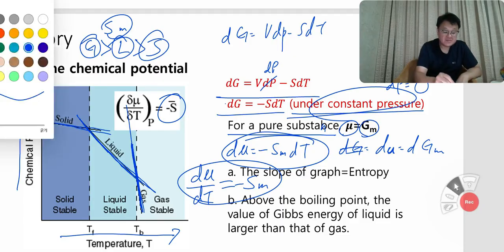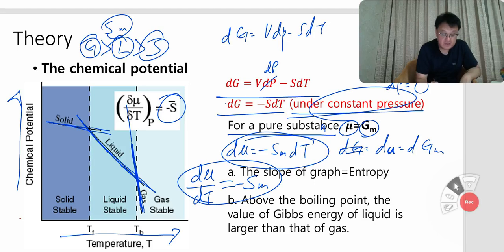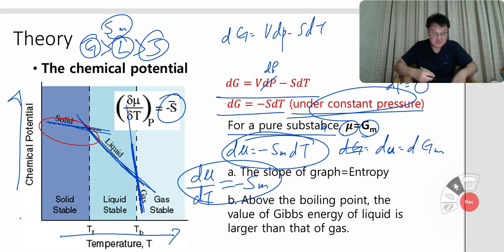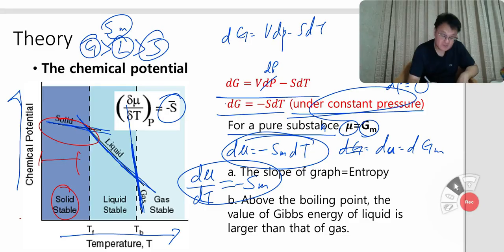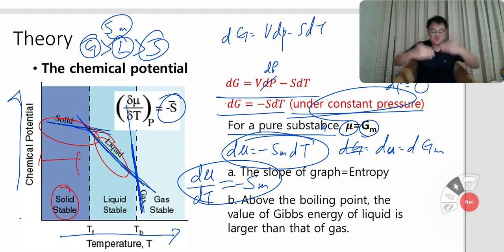And then you can see here, solid shows the lowest chemical potential, so you have the solid phase. The solid phase is the most stable phase because in this temperature area, solid shows the lowest chemical potential. In this temperature area, liquid shows the lowest chemical potential. In this temperature area, the gas phase shows the lowest chemical potential, okay?